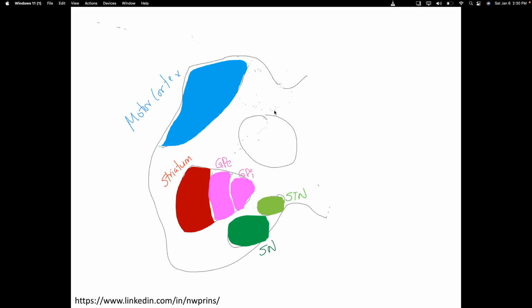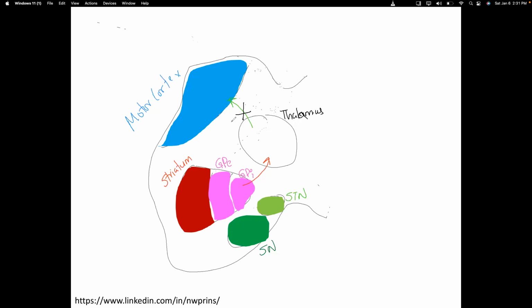And then finally, the gatekeeper, the relay, the thalamus. So in normal conditions, we have an inhibitory connection from the GPI to the thalamus. The point of the thalamus, if you remember, is to activate the motor cortex. But because the GPI has an inhibitory connection to the thalamus, this is usually not activated.